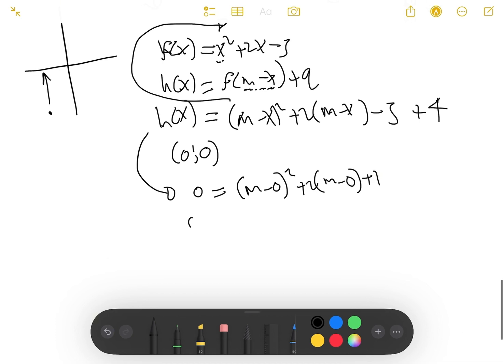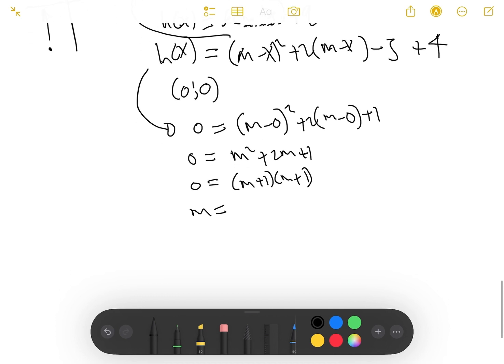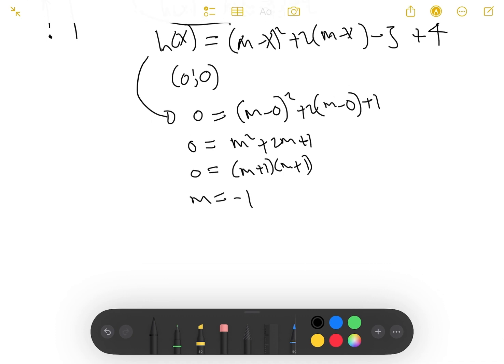Here we end up with 0 being equal to m squared plus 2m plus 1. Here is basically 0 equal to m plus 1 times m plus 1. We have the same root, right? Same root for m. So m is just equal to -1. I hope this made sense.